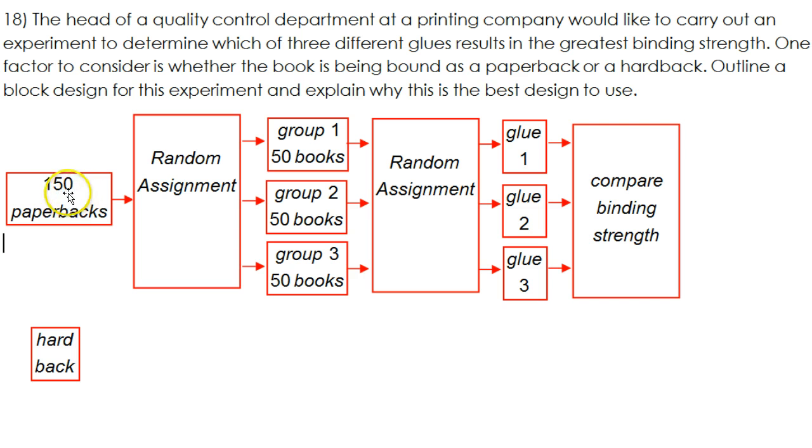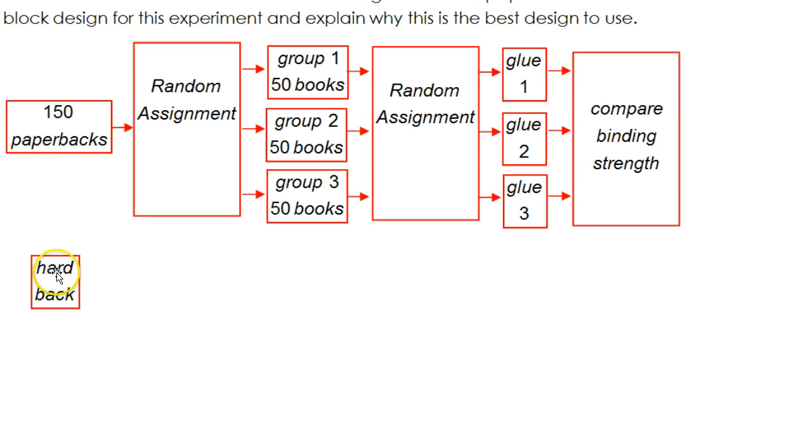But let's go ahead and put the numbers to it. So let's make up some numbers. Let's say 150 paperbacks randomly assigned, so three groups, so that'll be 50, 50, and 50. And then those groups will be randomly assigned to the three different types of glue. And in the end, you compare binding strength. So that's one block. And of course, the other block will be the hardback books.